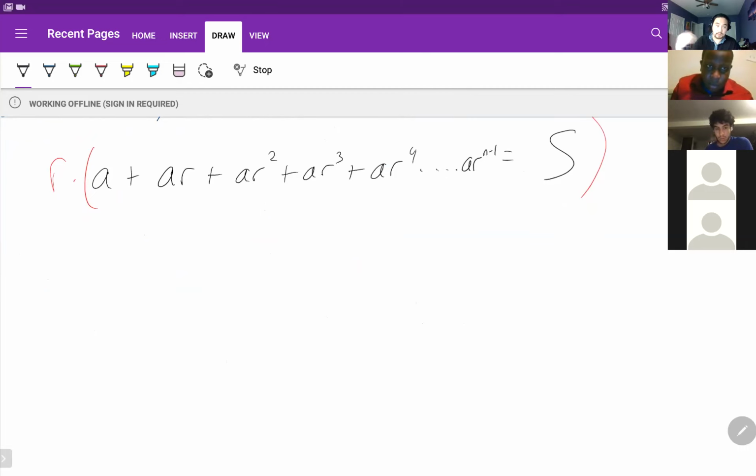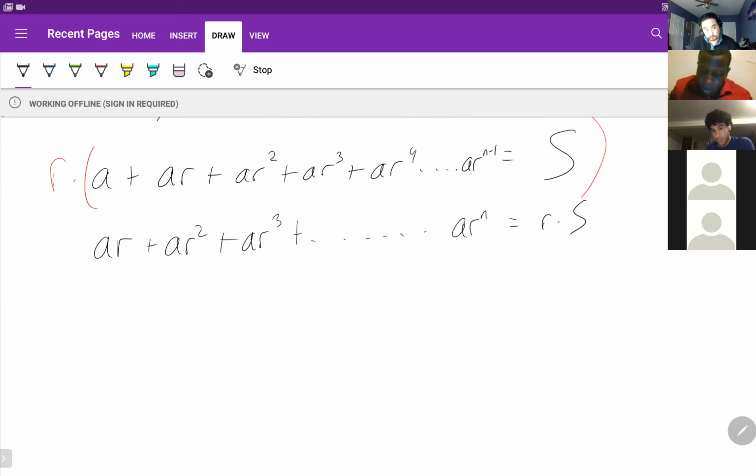All my terms are going to have an extra r on them, so I get AR plus AR squared plus AR cubed plus dot dot dot, AR to the n plus 1, is equal to r times S. So far so good.